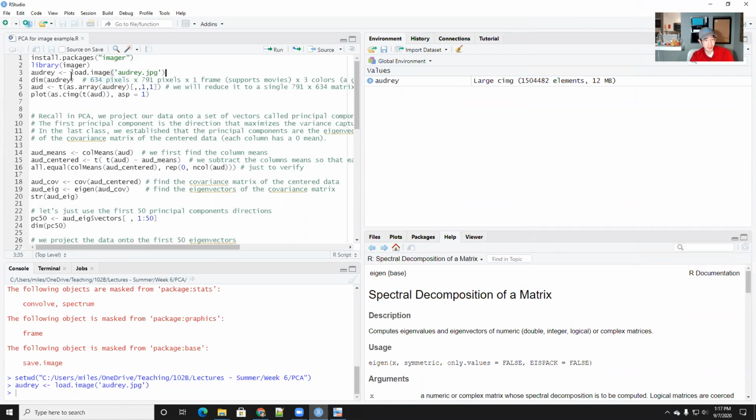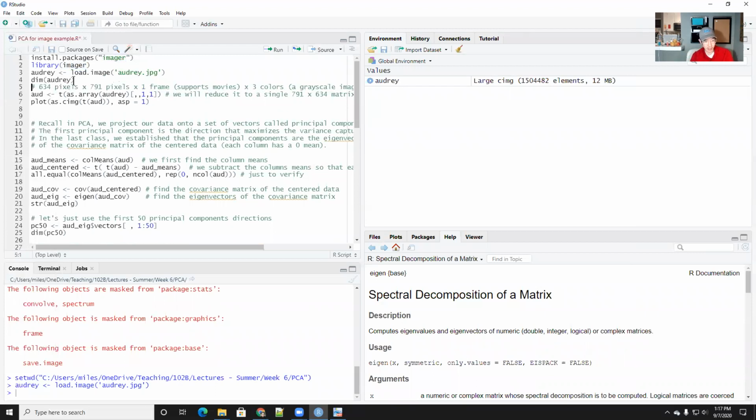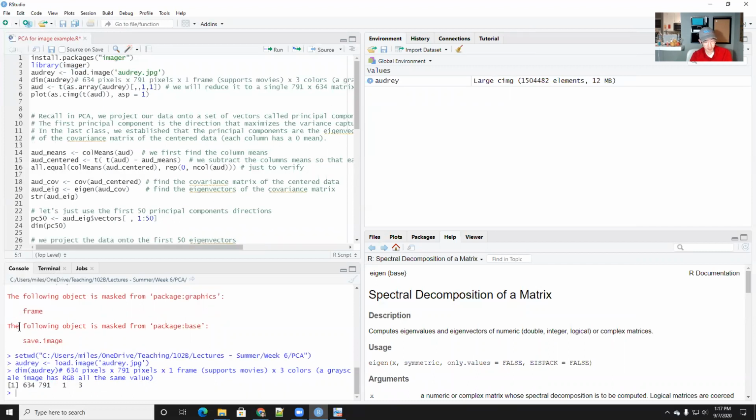I'm going to load up the image using this package Imager. It brings in the image as a big array, 634 pixels by 791 pixels. Technically, it allows for things like GIFs, in that you can have multiple frames. So we have one frame, and there are 3 color channels, red, green, and blue, so it comes in as a big four-dimensional array.